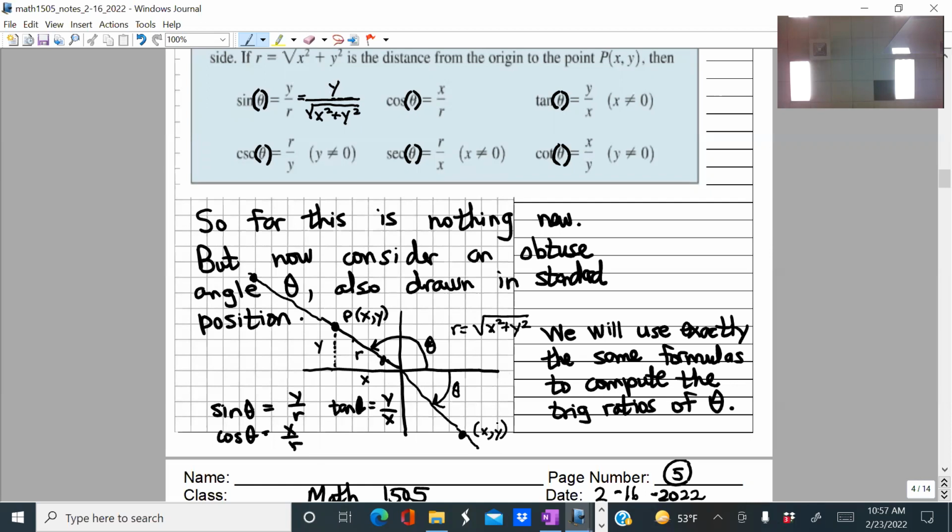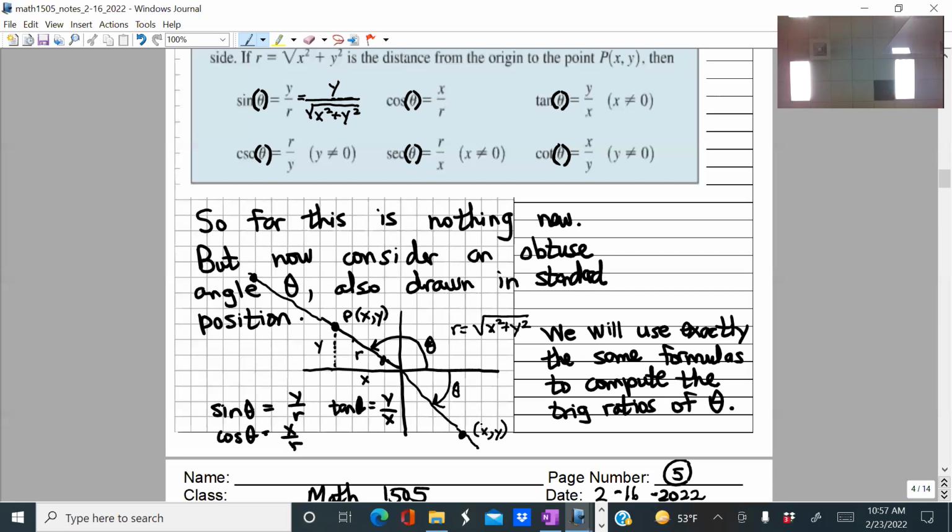It's just the y coordinate of this point divided by this value r, which is the square root of x squared plus y squared, also the same as the distance of the point from the origin. It's this distance. How do you define the cosine for this angle? It's x divided by r, the x coordinate of this point divided by r. The tangent is the y coordinate divided by the x coordinate.